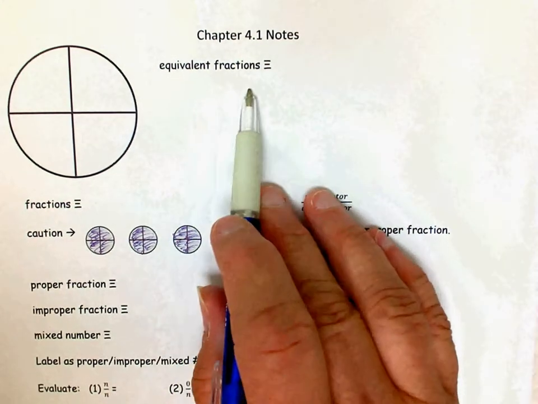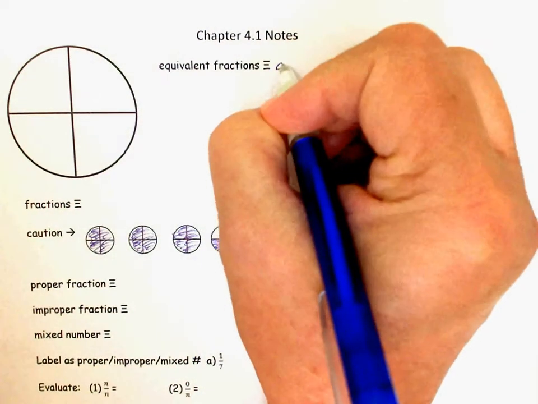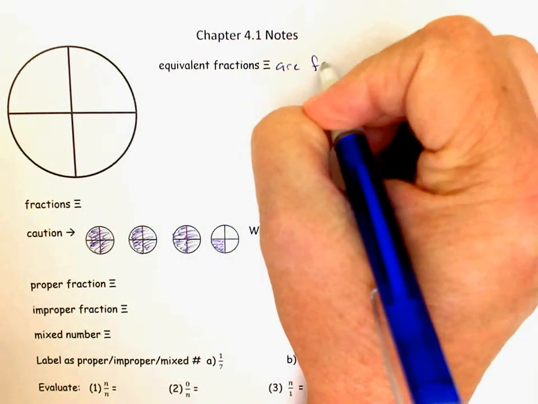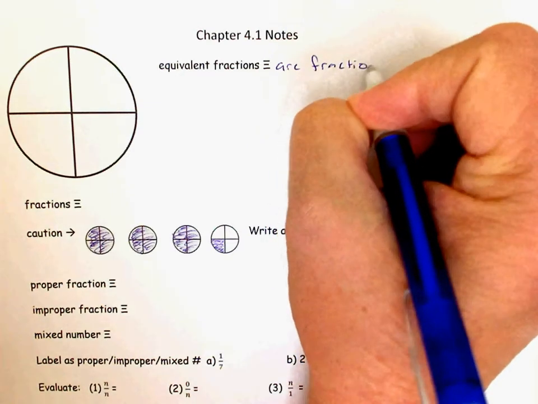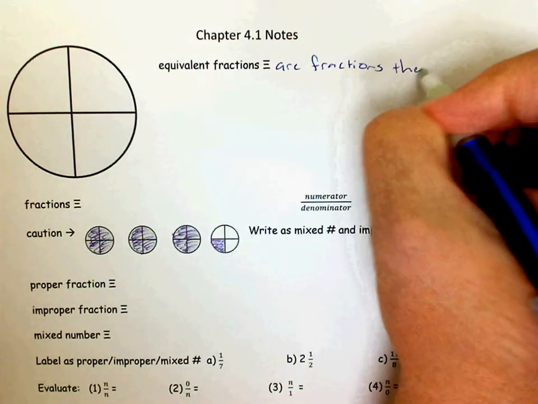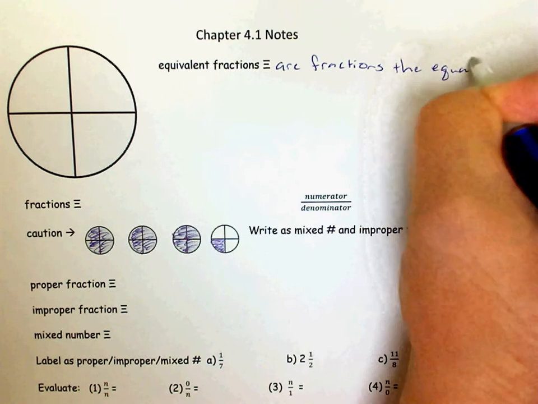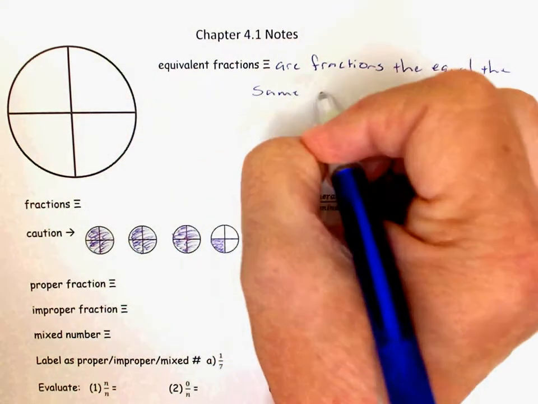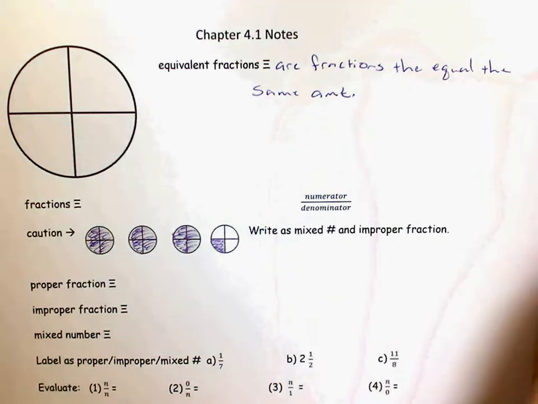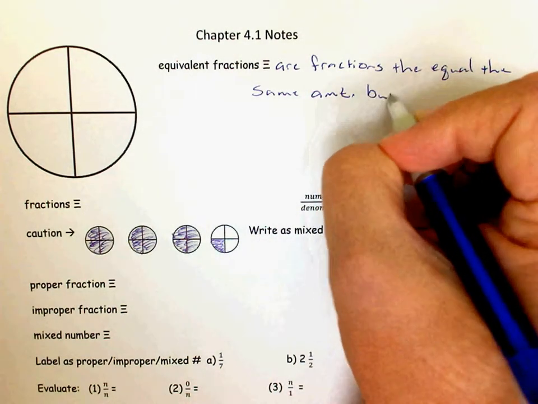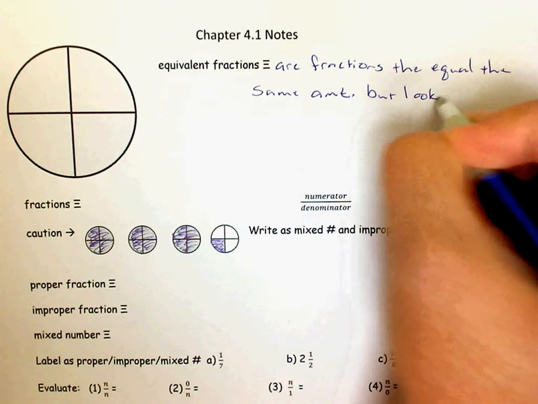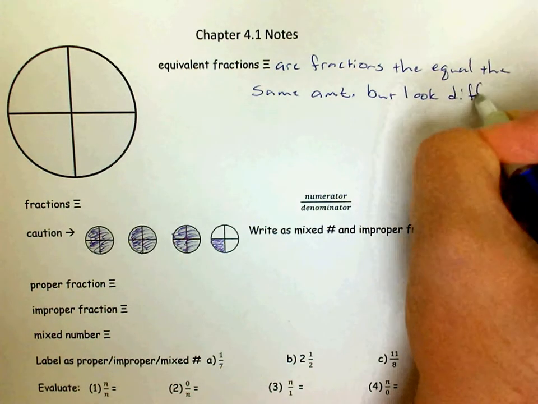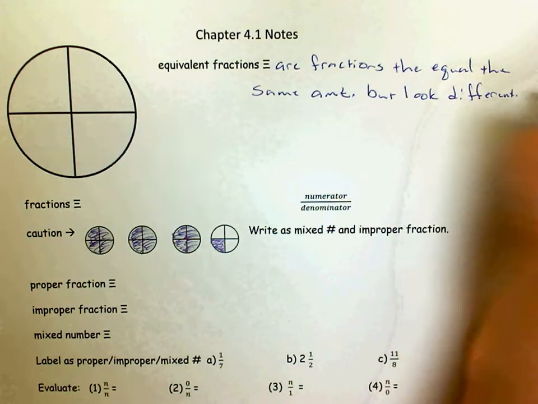Now equivalent fractions are fractions that equal the same amount, AMT is amount, but look different. Alright?